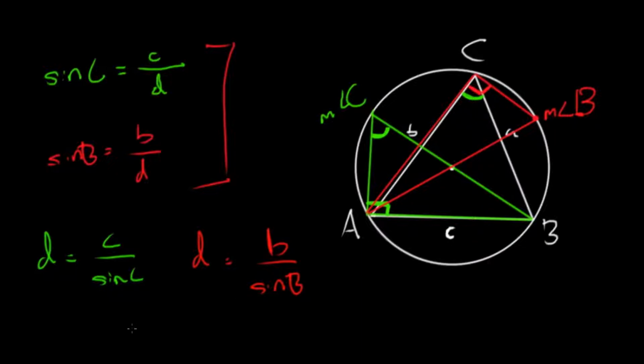And there it is, or there it is partially. We have b over sine b is equal to c over sine c. But why is this far superior to any other proof of the law of sines? It's also equal to the diameter of the circumscribed circle. Right, that's really cool.